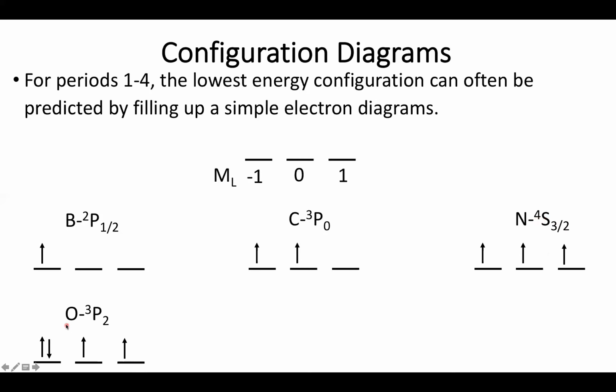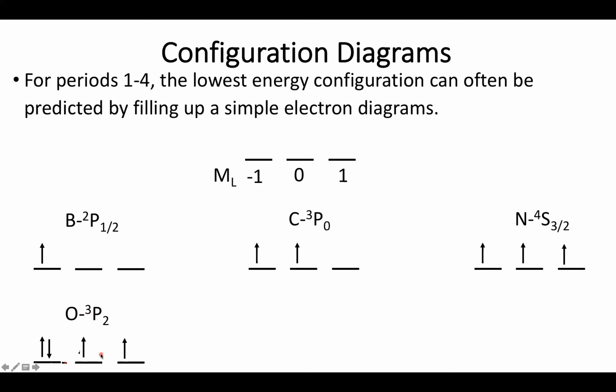And when I do this, I'll generate oxygen. Now, it's worth noting, in this case, I have an L value of -1 and an S value of +1 from the triplet. So this gives me a triplet P state.